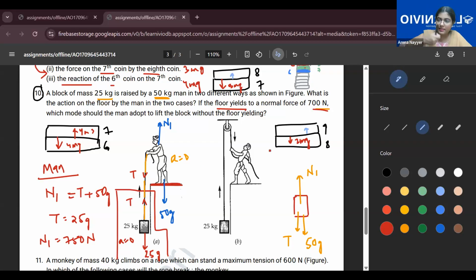So imagine as if everything is stationary. Now we are just checking the positions, if the first one is fine or the second one is fine. Got it? So in both of the cases, don't consider acceleration right now. Acceleration will be given if there was a third part: you have calculated which method is correct, now calculate with which acceleration the block should be lifted. Okay?